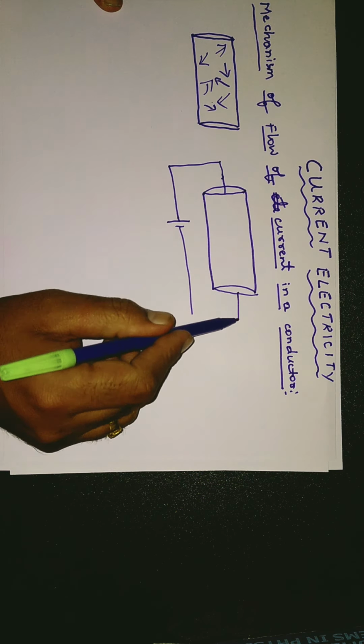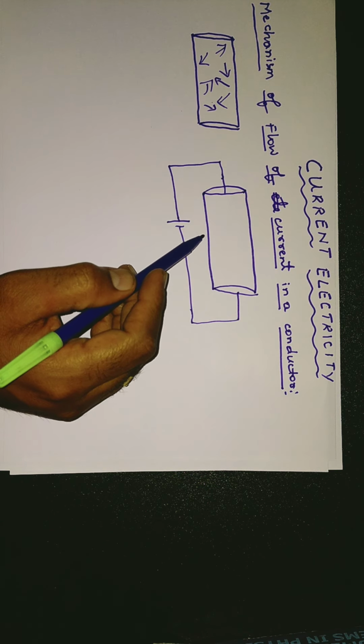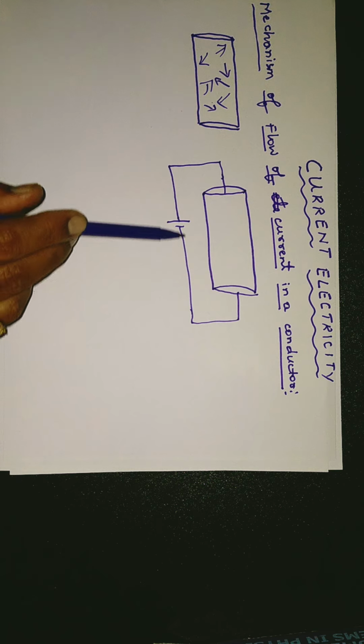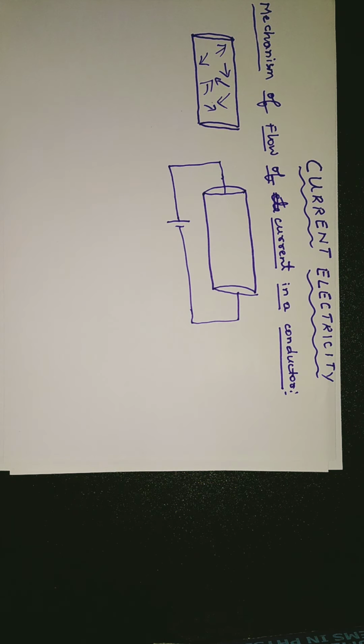If I connect the conductor to the external power supply, now the electrons would always experience a force in the presence of the external electric field. See, I have connected a battery here. Because of this battery, a voltage will be developed across the ends of the conductor. Hence, an electric field will be set up in the conductor.